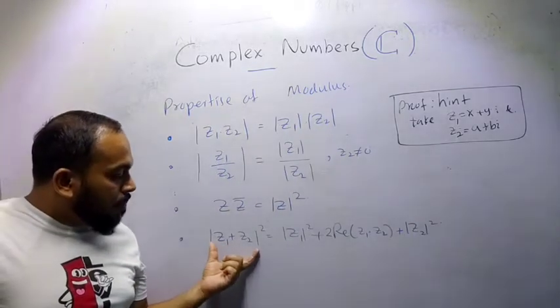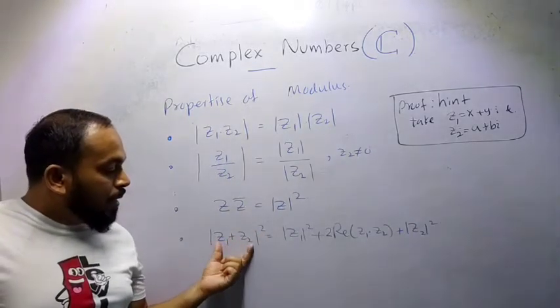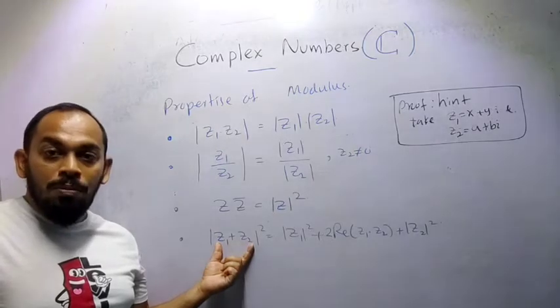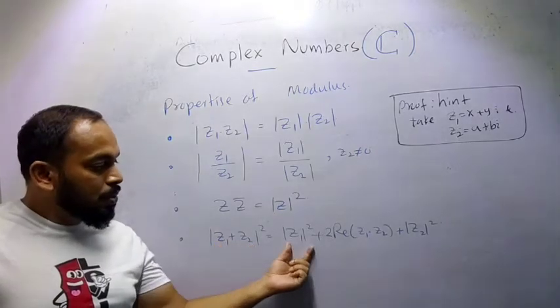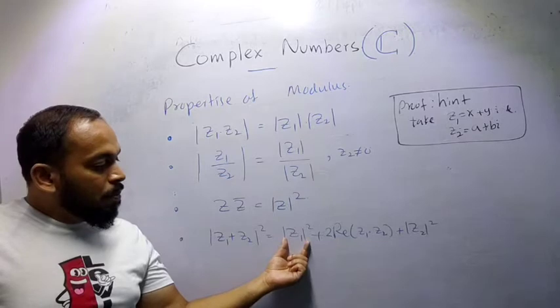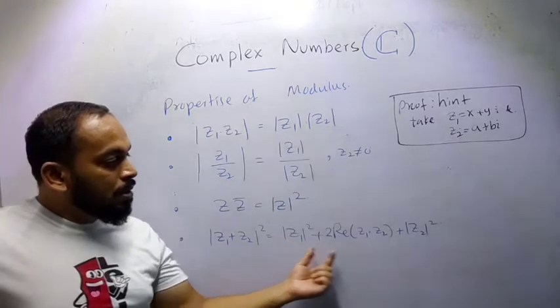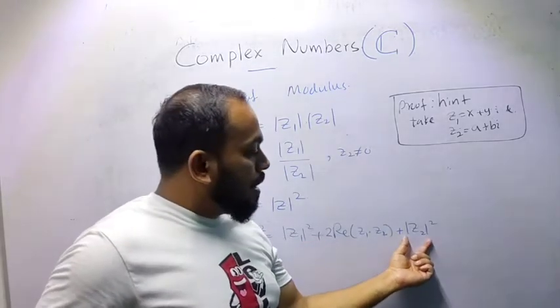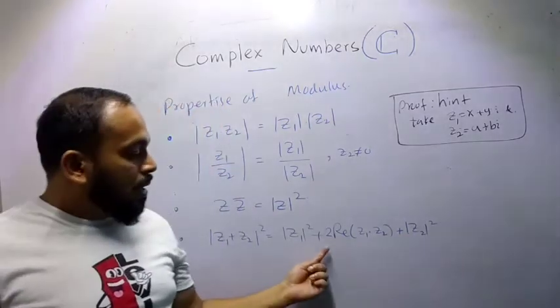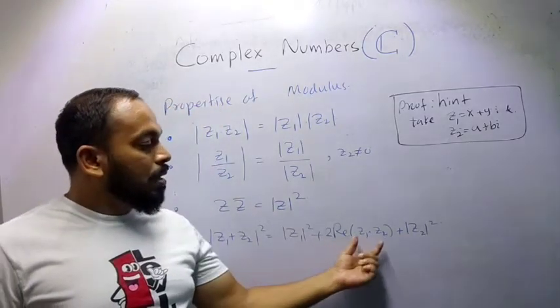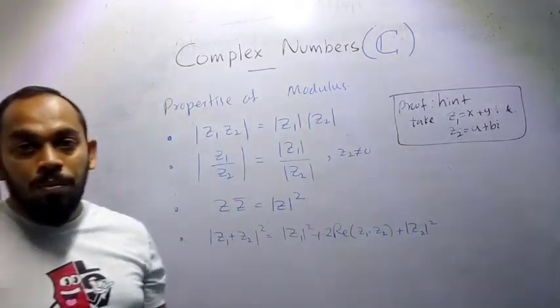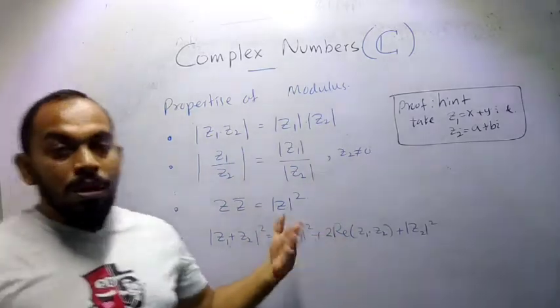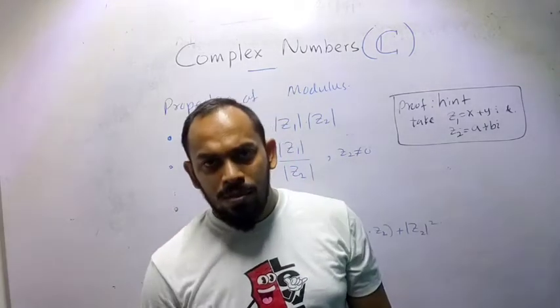Then the modulus squared of the addition of two complex numbers is equal to the modulus squared of one complex number, plus the modulus squared of the second complex number, plus 2 times the real part of this product. You should be able to prove these results as well.